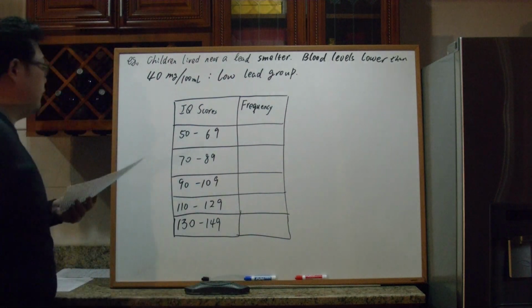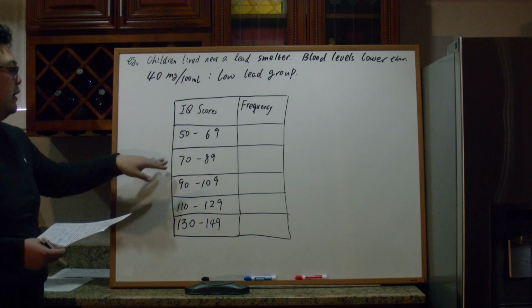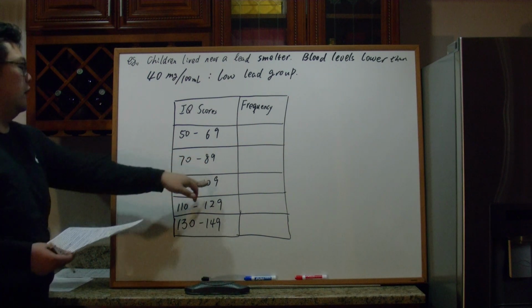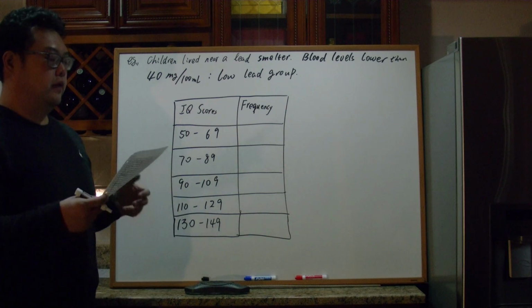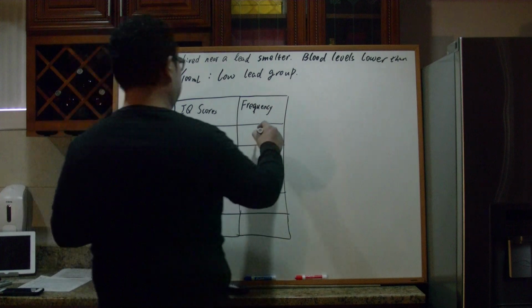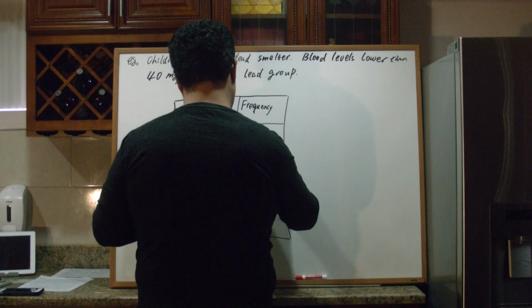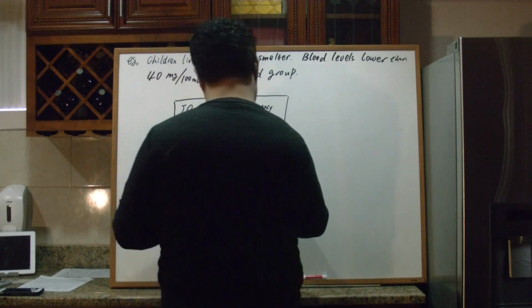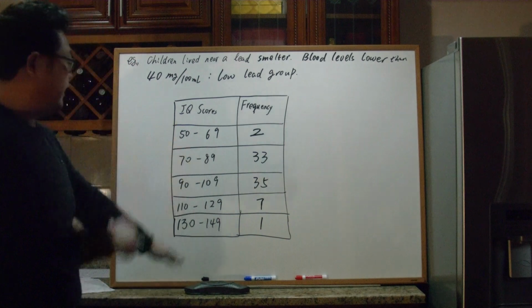As the groups of IQ scores, right? That's 50 to 69, 70 to 89, 90 to 109, 110 to 129, and IQ score of 130 to 149. The left is the categories, right?